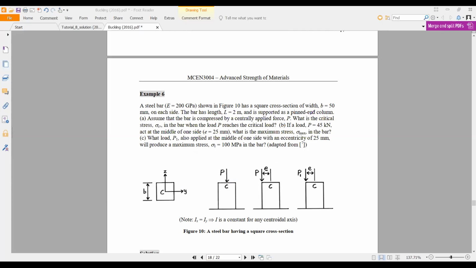This is pin end column supports. The other side, both sides pin end supports. It's not very clear there. Actually, they didn't mention the both end condition. So in here, they consider both ends are pin end. Yes.